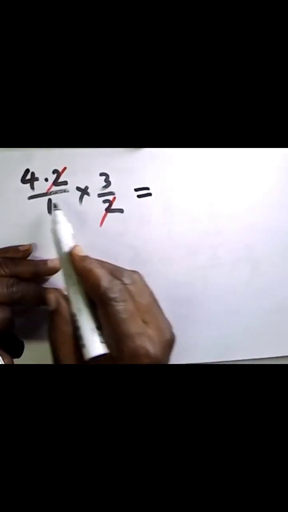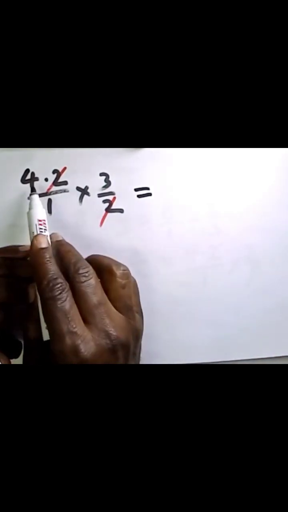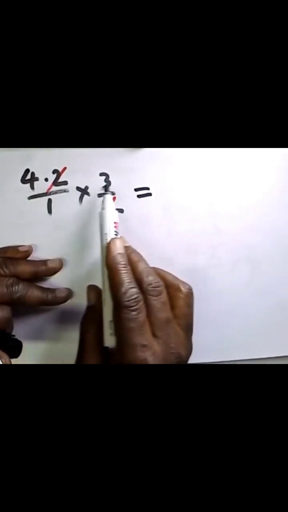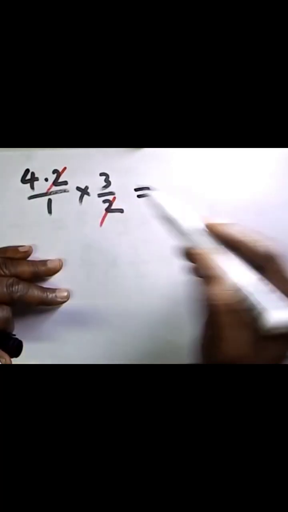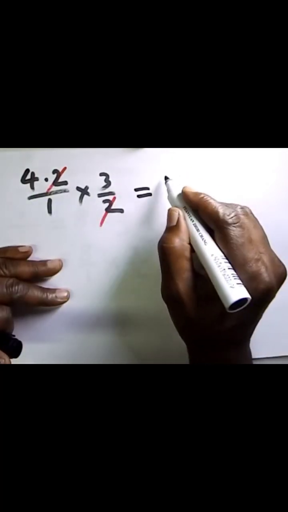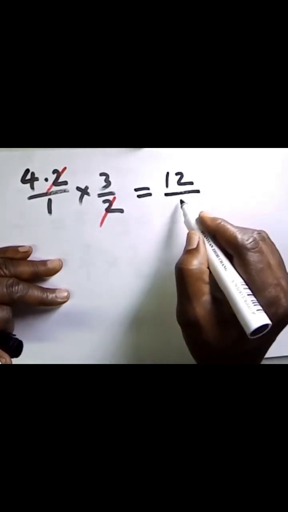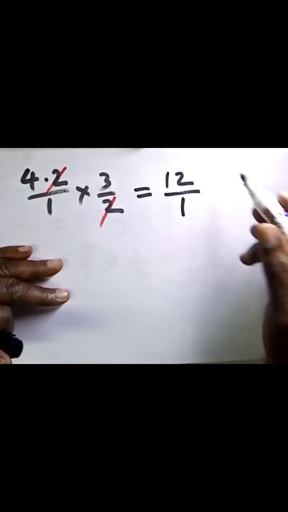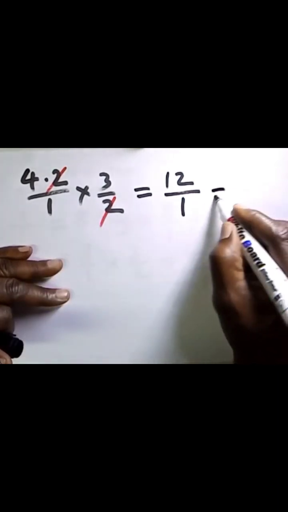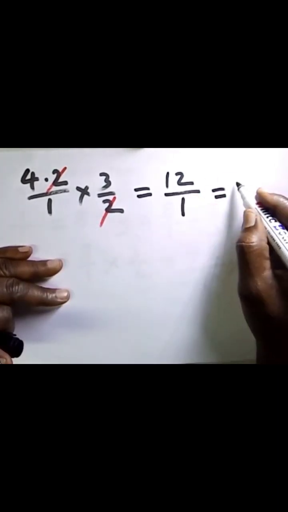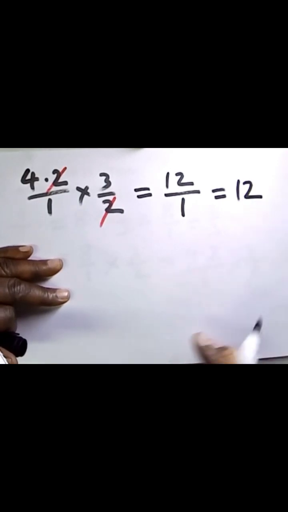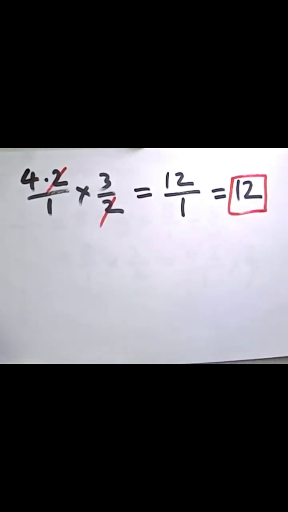Alright guys, so what we have left on the numerator is 4 times 3, and that gives us 12, while in the denominator what is left is 1. So 12/1 is the same thing as 12, and that's just the answer.